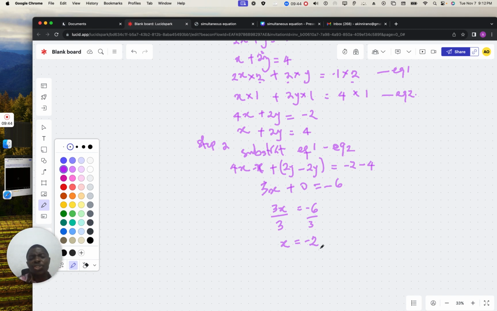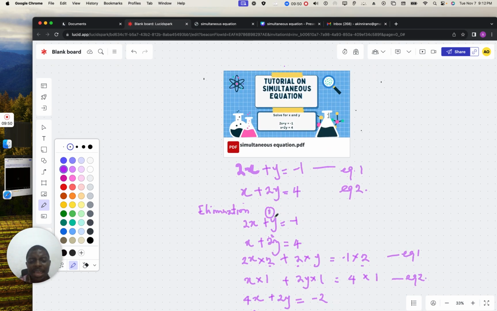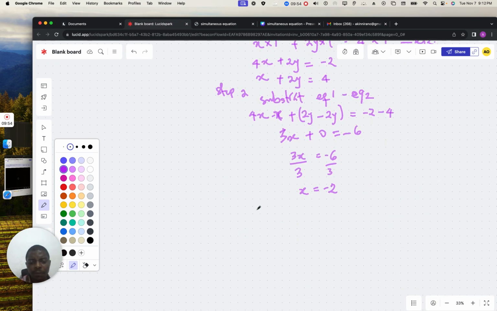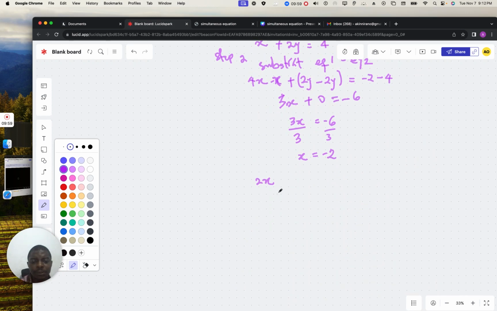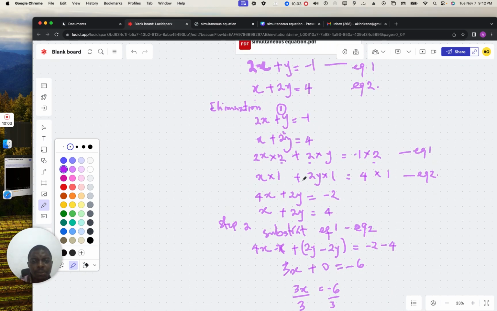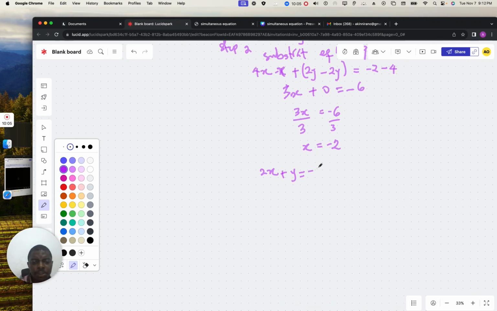Then we can now use a substitution method. We now substitute the value of x into any of the equations that we have here. Let's use the first equation, that's 2x plus y is equals to minus 1.